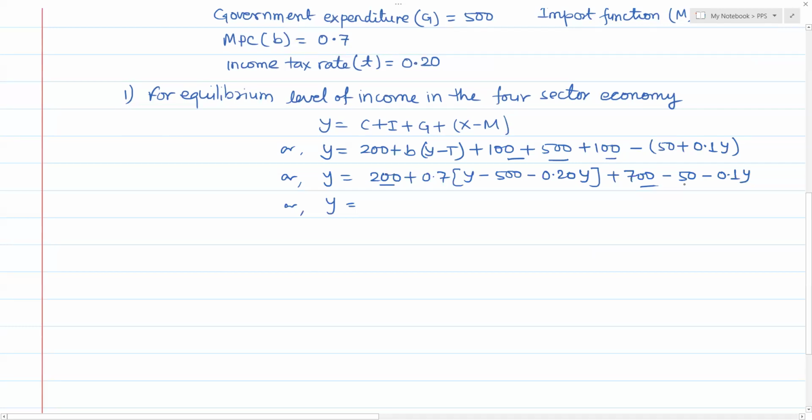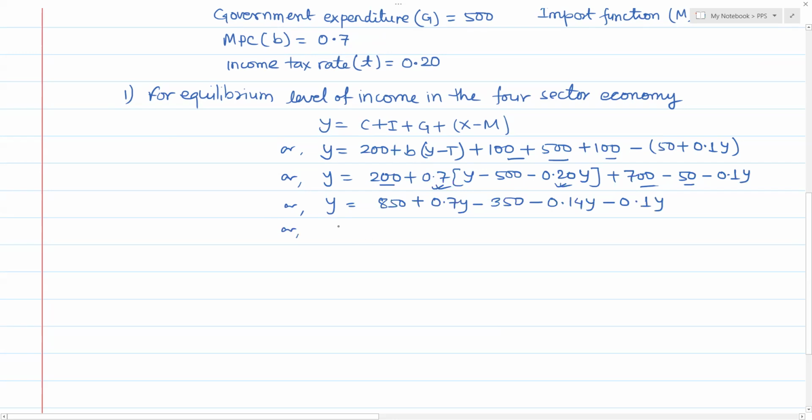Or Y is equal to 200 plus 700 is 900, minus 50 is 850, plus 0.7y minus 350 minus 0.14y, multiplying 0.7 and 0.2 is 0.14y, minus 0.1y.